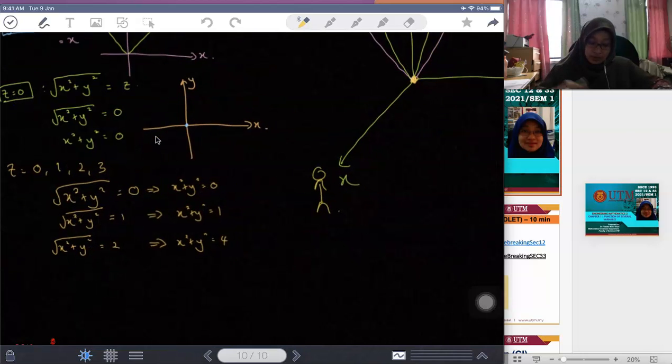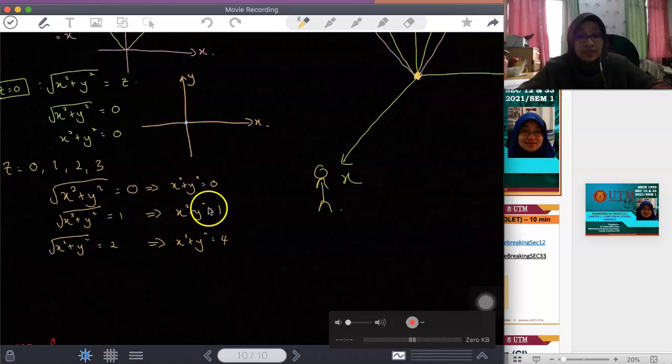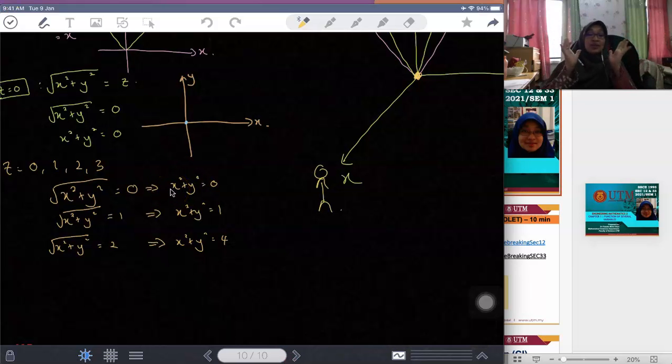So now when you sketch, the values of z should be on the same plane, so that you can see what happened when you increase or decrease z. If you sketch on a different plane, you cannot see the pattern.